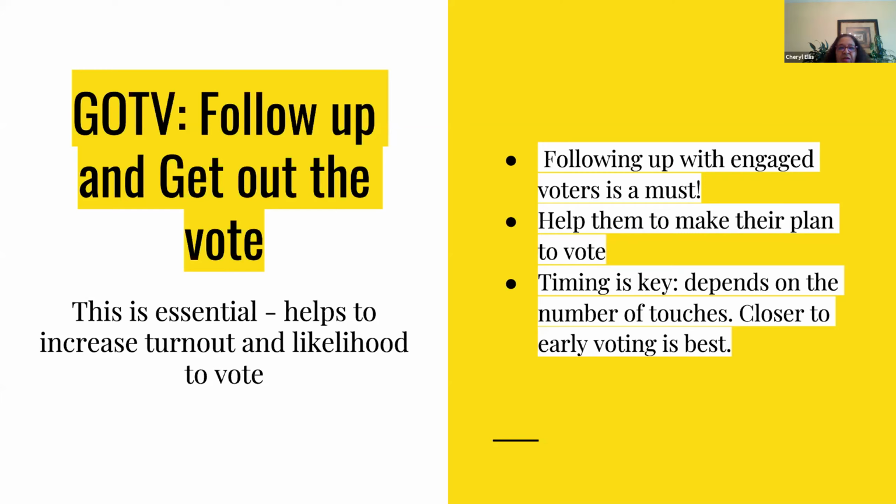So we want to follow up with them as soon and as close to the election as possible. Because if you were to register someone in May and say they moved in August, that person needs to be re-registered. And if they don't know that, that could be an issue. But as Caitlin said, we are ensuring and encouraging that everyone use early voting. That way, if there are any issues, they can take care of them then.